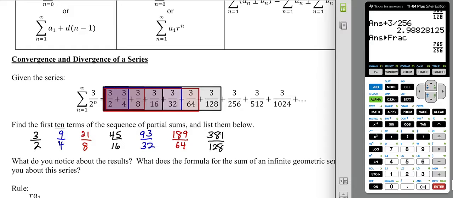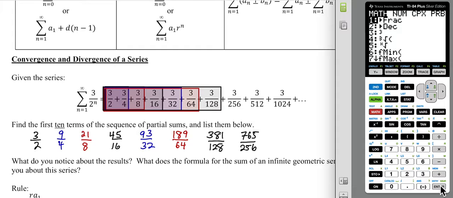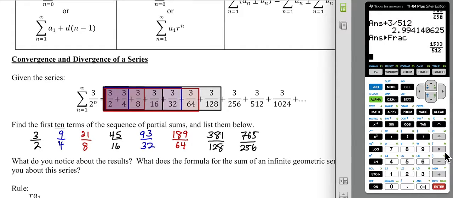I'm going to keep it all in black now. 765 over 256, plus I need to add on 3 over 512. And it does appear to be moving in on 3.